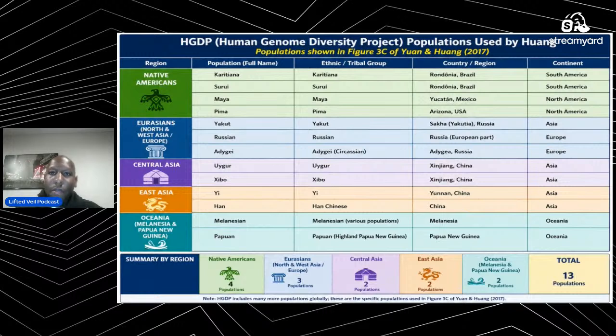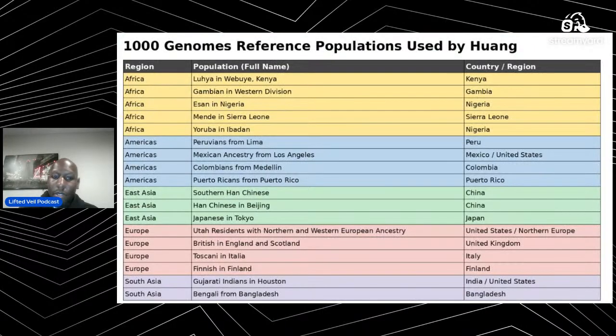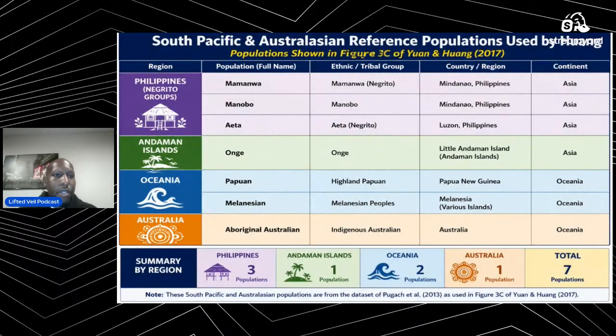Human Genome Diversity Project. These are the populations that were included in the Human Genome Diversity Project panel that they in particular used. So a total of 13 there.